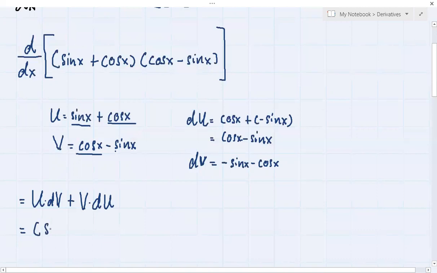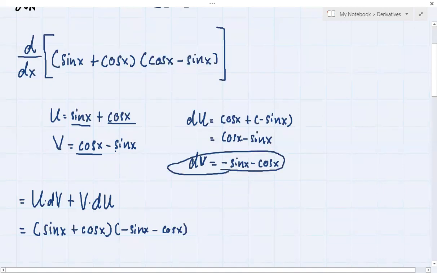Yung u mo magiging sin x plus cosine x. Then dv, we have negative sin x minus cosine x. Actually, guys, plus tuloy, minus pala to.